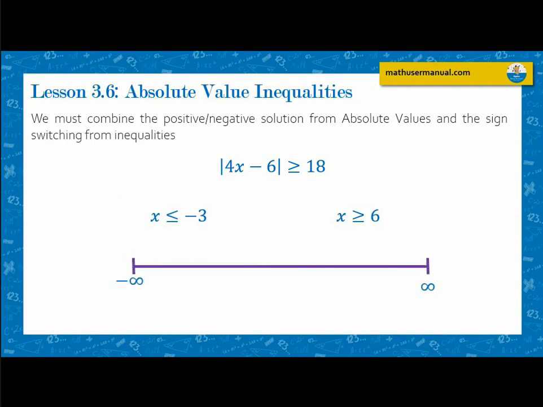We have two solutions, so let's do them individually. First, we have x lesser or equal than negative 3. So let's locate negative 3 in our number line. First, we can see that the inequality has the equal sign on the bottom. That little line on the bottom is an equal sign, which means negative 3 is included. Negative 3 is part of our solution. And then x is on the small side of the inequality, so x is smaller than negative 3, which means our solutions are to the left of negative 3.